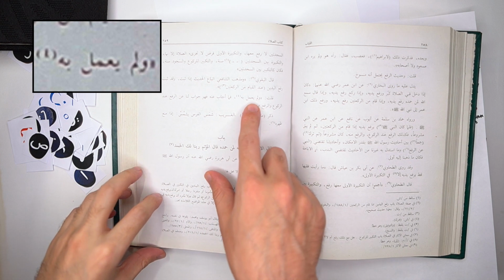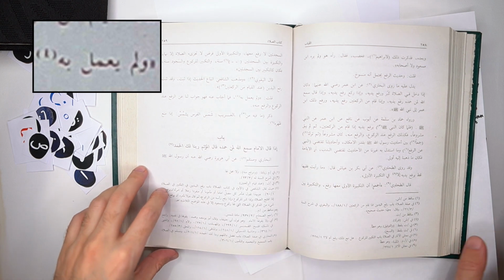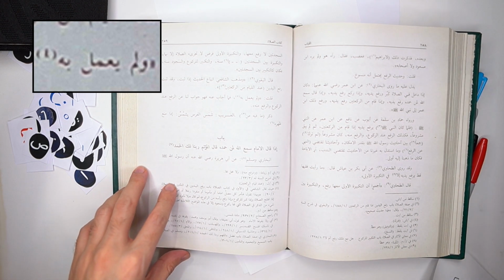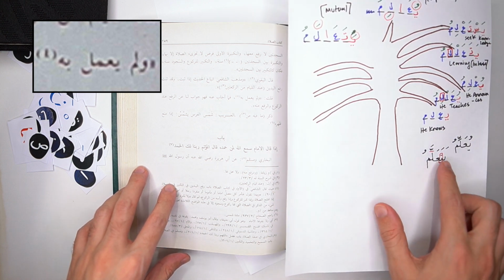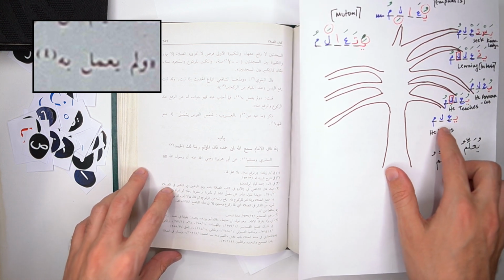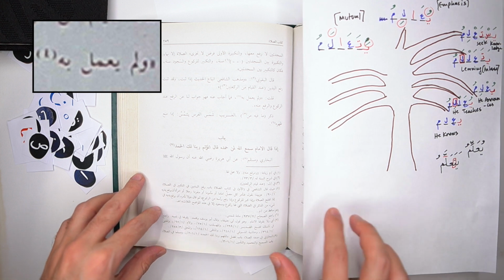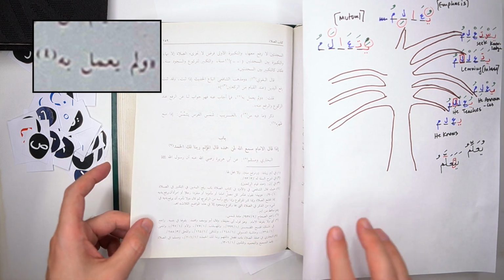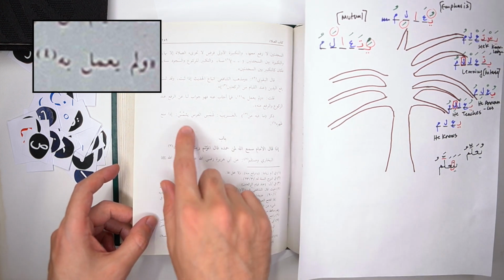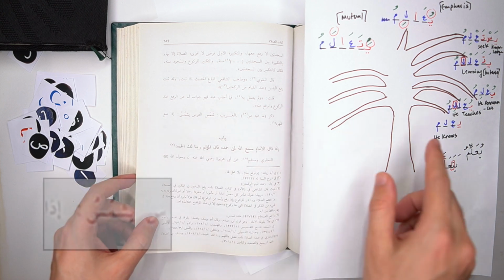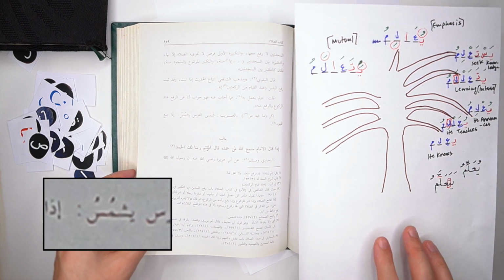So you go over here, look, ya'malu. That's kind of telling you we've got a pattern over here, that one there. So this is ya'malu, to do amal, to do work. Then you got yashmusu, again it's this pattern.